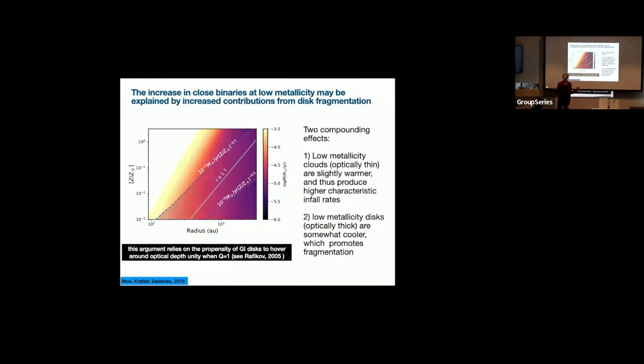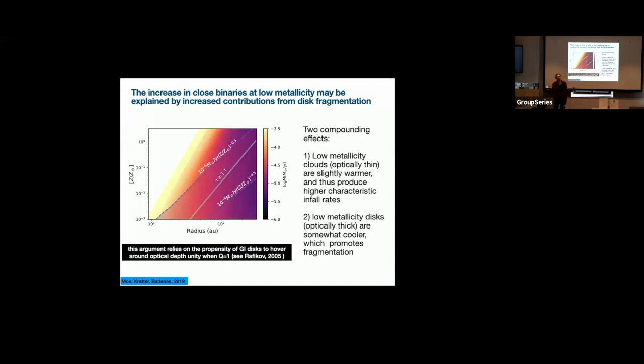So I lied to you a little bit, because there is, of course, another thing that matters, which is whether or not you can cool as you start to contract and collapse. And that is controlled by the optical depth of your disk. The sweet spot for cooling, as you all know, is optical depths of order unity. If you take the typical parameters for star formation at solar metallicity, you'd find that to make a disk close to unstable, it needs to be on the plus side of optical depth unity.